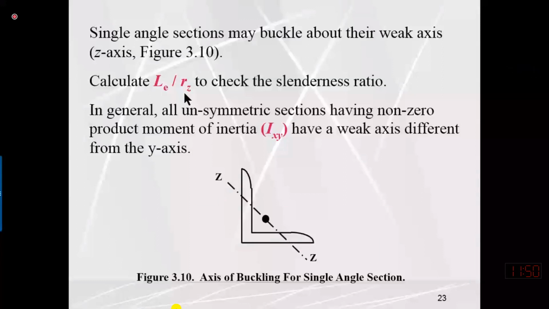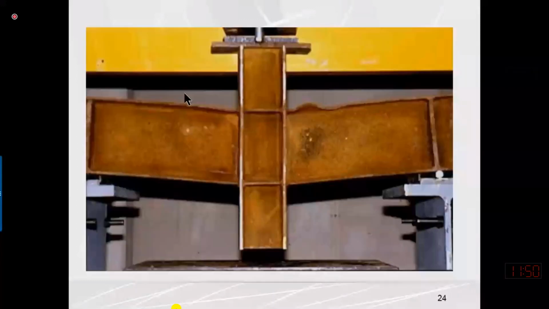Okay, here I will show you some pictures where you can see some local buckling. In this figure, you can see only some portion of the flange is buckled, and most of the flange along the length remains straight or intact, and also there is no overall buckling.